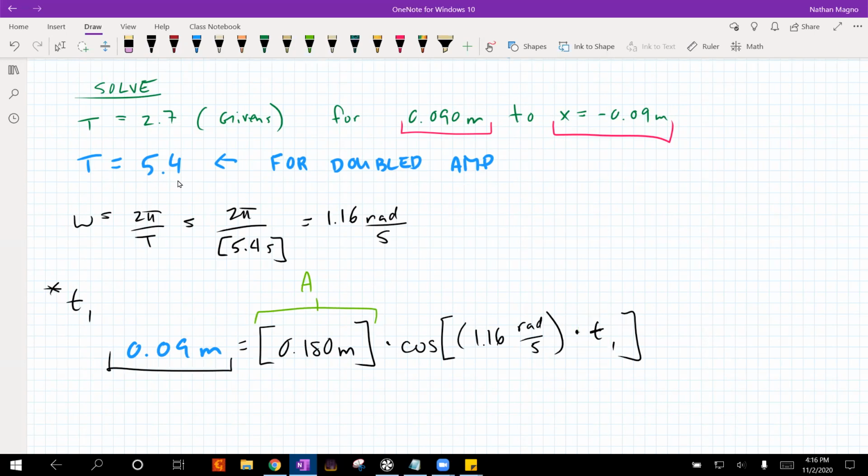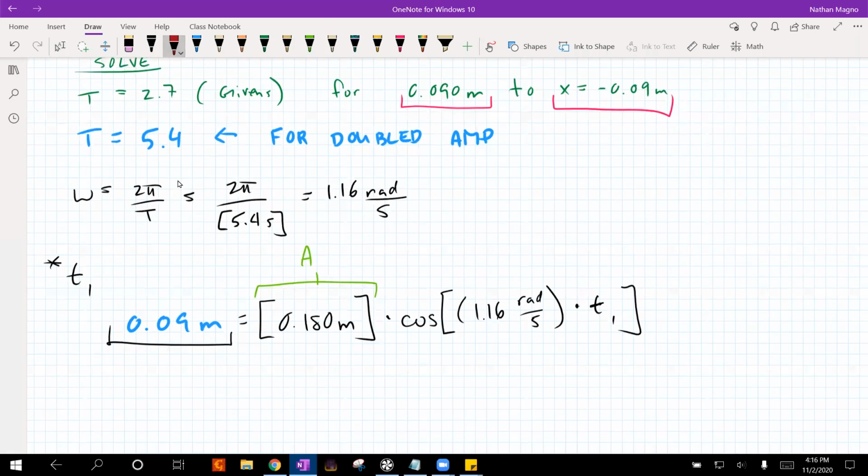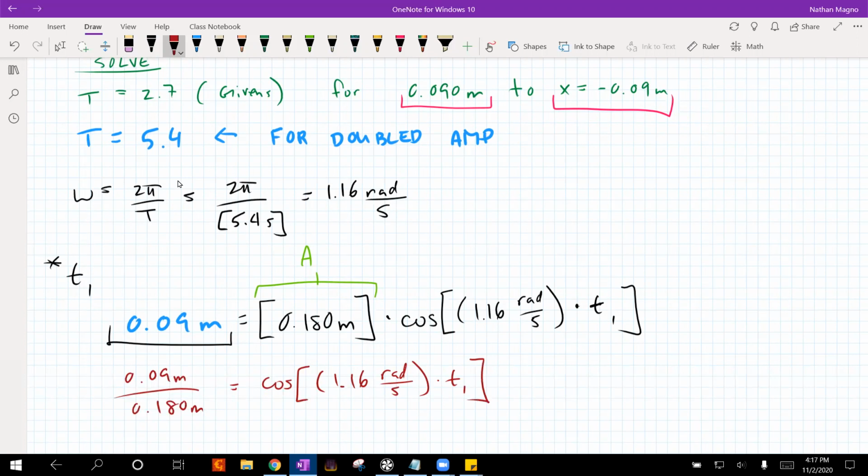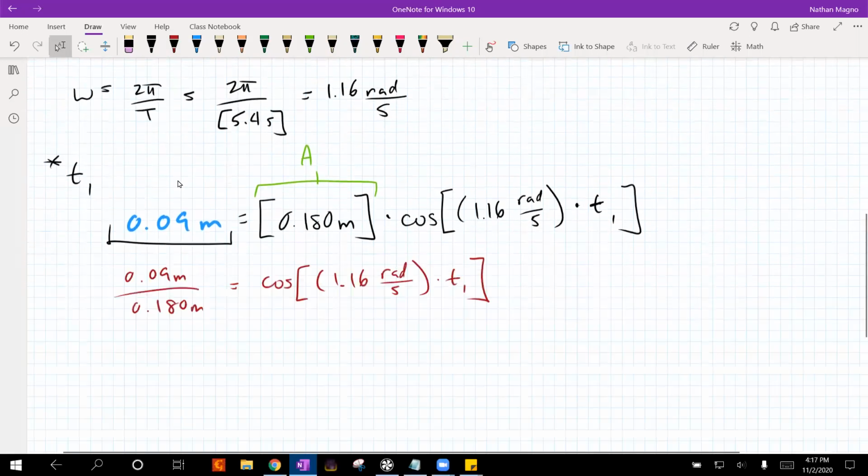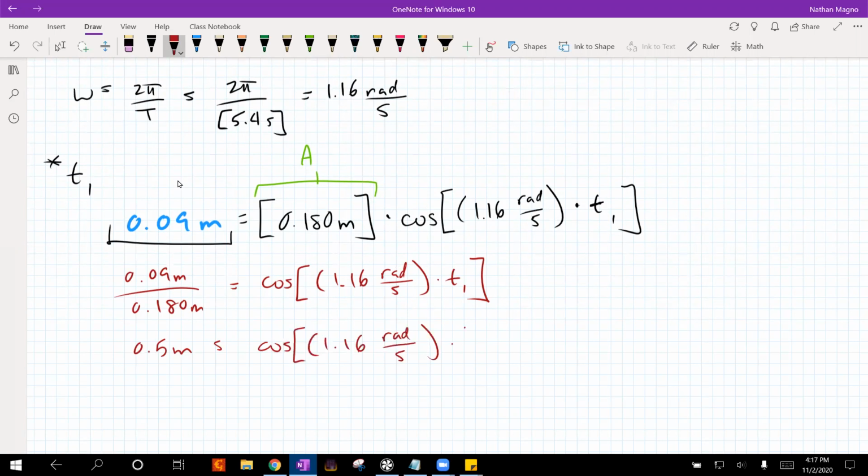Okay, so I'll go through this one kind of slow. So we will have 0.09 meters over 0.18 meters equals cosine of 1.16 radians per second times T1. And then doing some math, it's half of it. So 0.5 equals cosine of 1.16 radians per second times T1.